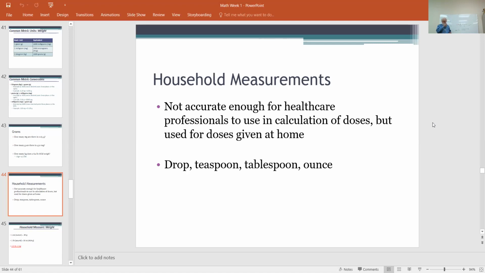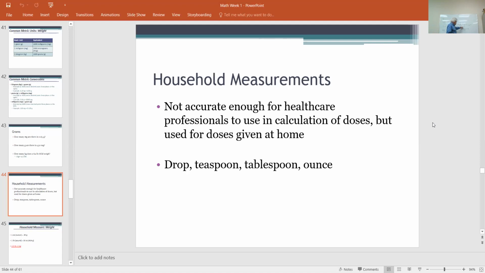Even though our systems here are often designed to weigh patients in pounds, we can quickly convert. Electronic weighing apparatus can give you metric or English measurements, but we often have to do that conversion.